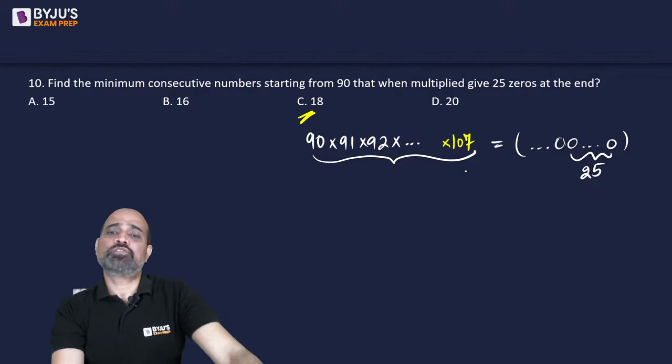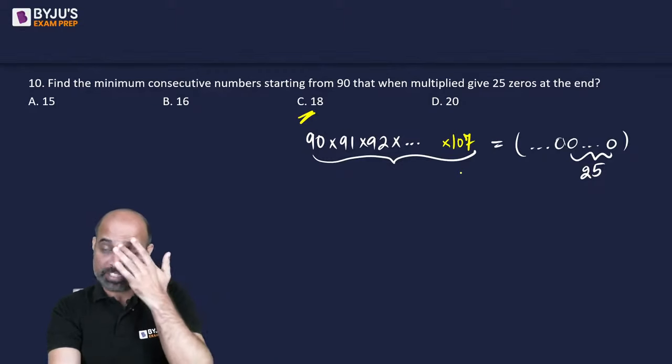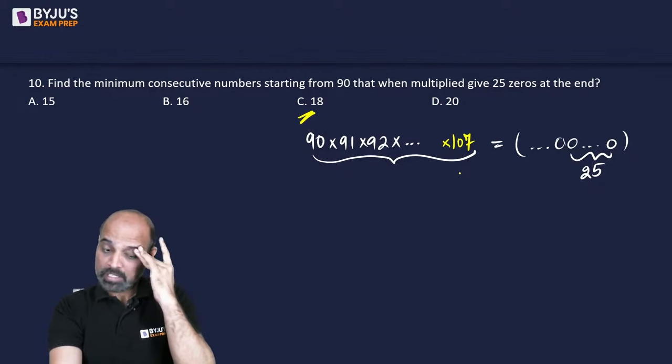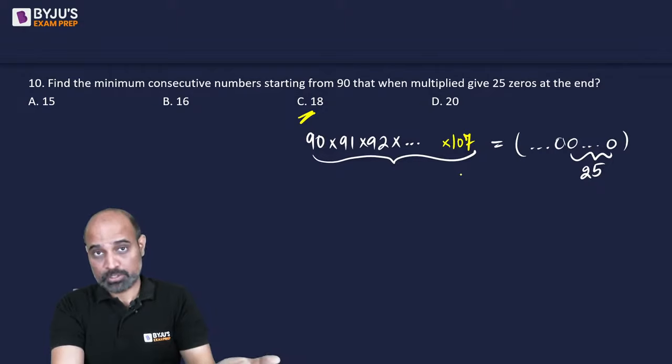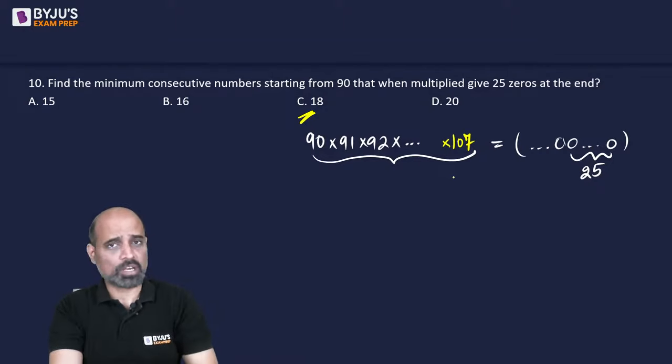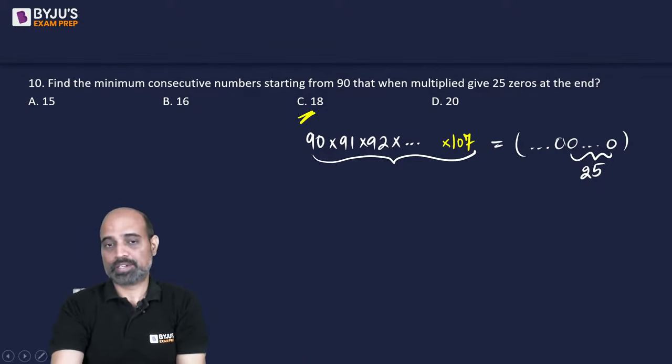So how many trailing zeros are we going to get in this product? It depends on how many fives we are going to get, because the number of twos is a lot. So number of fives ढूंढने हैं. If you look at 90, we will have one 5 here. Then at 95, we will have one 5 here.